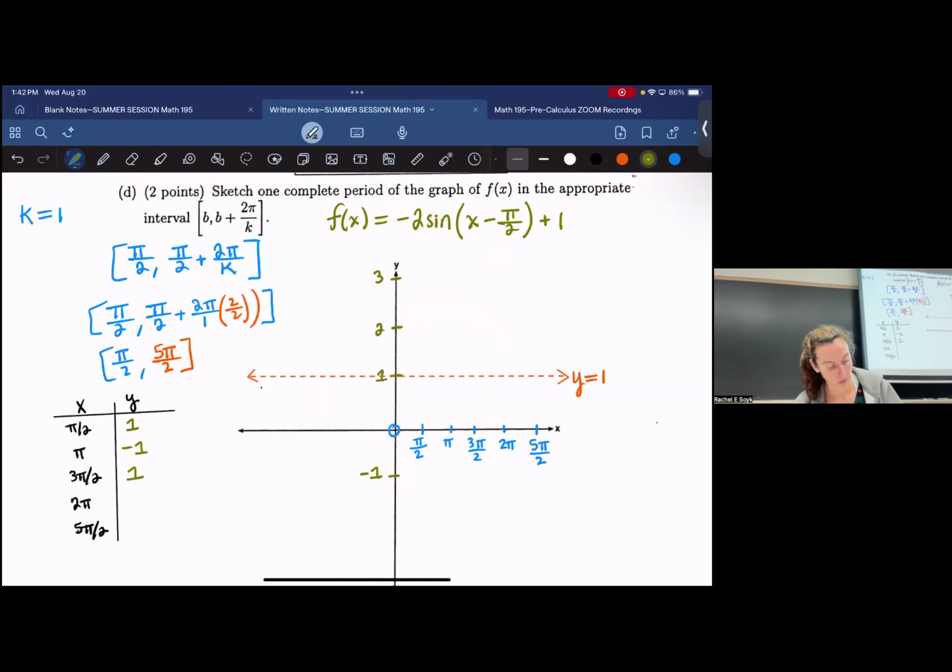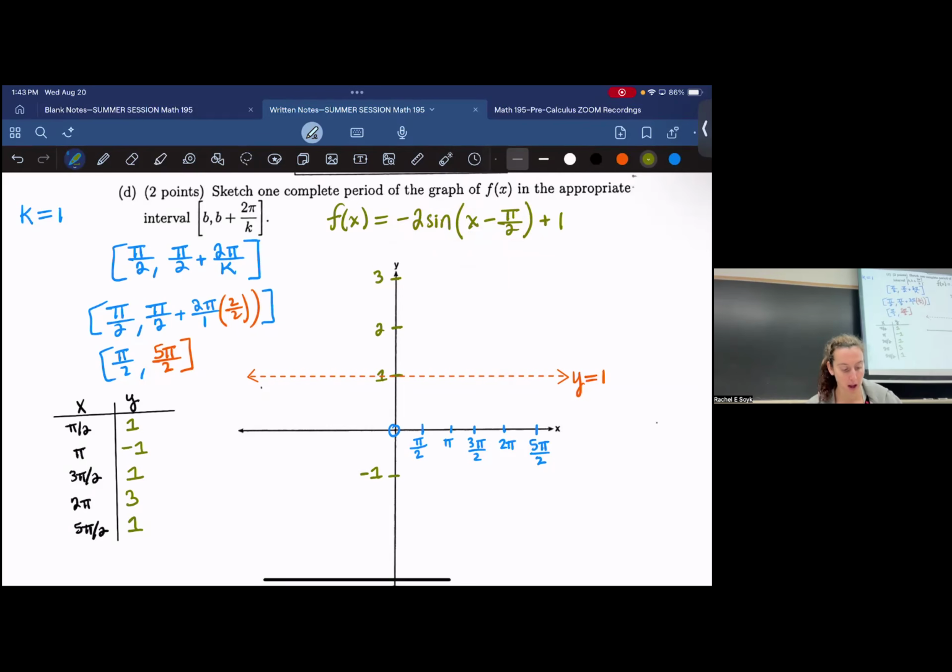Plus 1 gives you a 3. And then 5 pi over 2 minus pi over 2 gives you 4 pi over 2, which is the same as 2 pi. Sine of 2 pi gives you 0. And then all this shoots to 0, and we get 1.